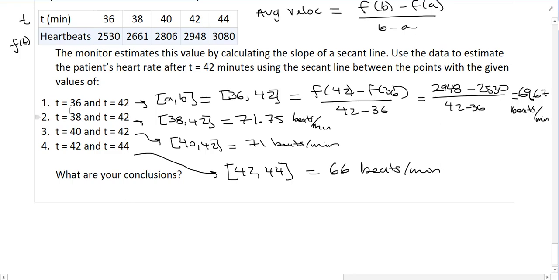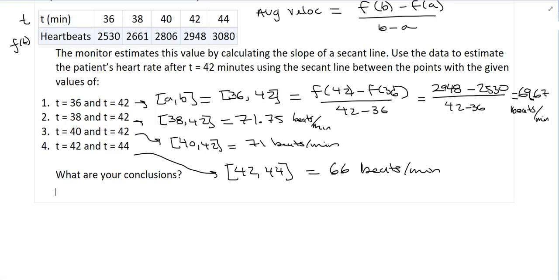Notice that between 36 and 42, the average rates of change are pretty close to each other, which means the heart rate is pretty stable. But after 42 minutes, it dropped. From the data, we see that the patient's heart rate is decreasing from 71 beats per minute to 66 beats per minute after 42 minutes. So after being stable, the patient's heart rate is dropping based on the data.